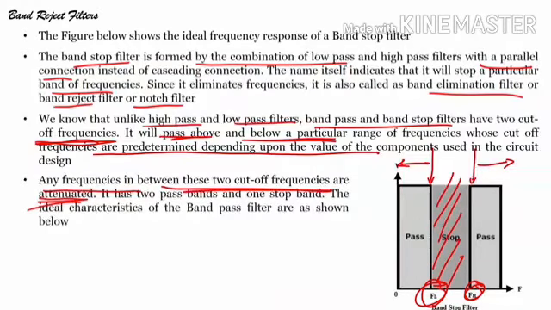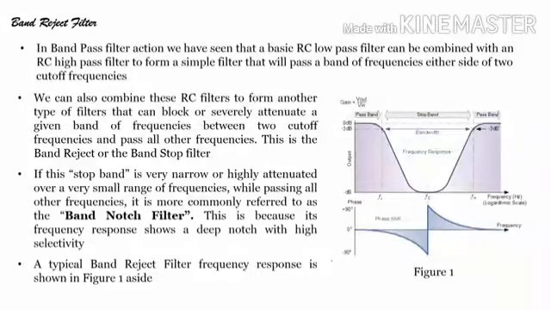It has 2 pass bands and 1 stop band. The characteristics of the band reject filter are shown in this particular figure; it is actually not band pass, but band reject filter. In band pass filter, what have we seen?